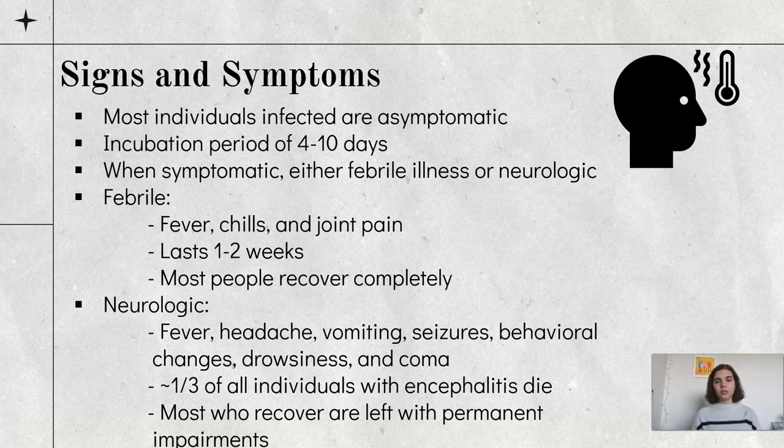Most individuals who recover are left with permanent neurologic impairments because of the severity of these symptoms, and people with severe impairments often require long-term care and die a few years after contracting EEE, which does increase that mortality rate if we consider individuals who die from complications with the disease rather than just individuals who die directly from the disease in that 2 to 10 day period.